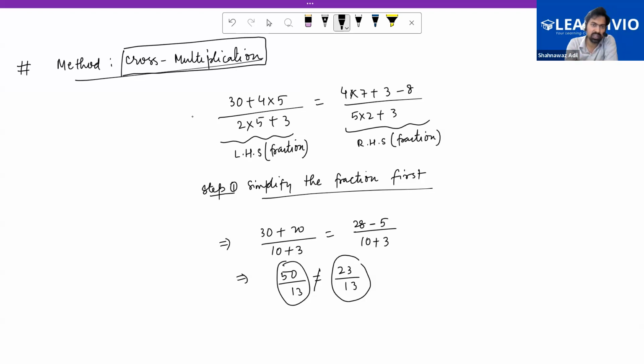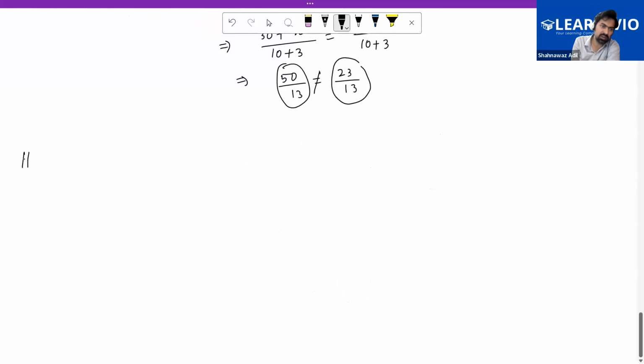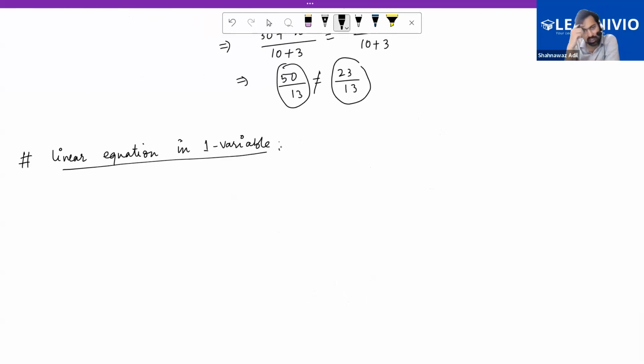To use this, let us first discuss the idea of a linear equation in one variable. You are currently doing linear equations in two variables, but let us talk about one variable. First, what is an equation?